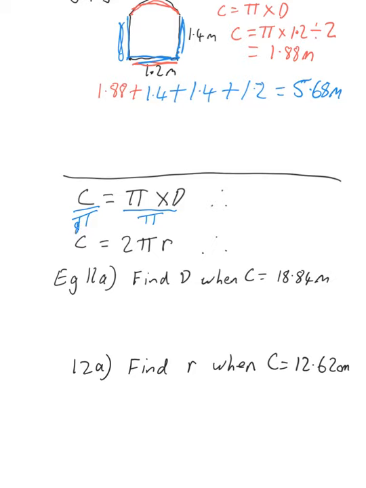Okay, whoops, they cancel each other out. So therefore, a rearrangement of that is the diameter equals the circumference divided by pi.